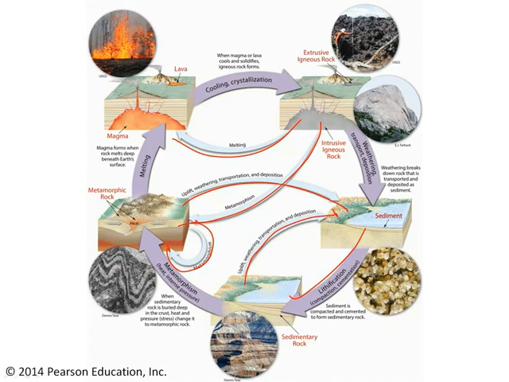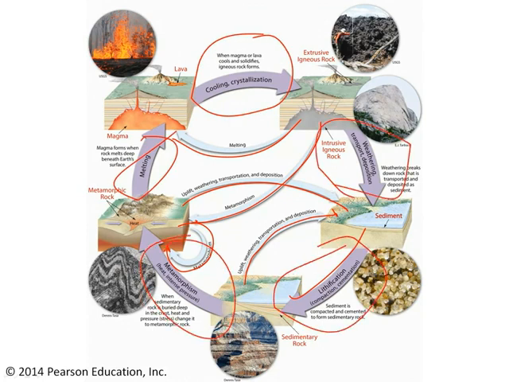So the rock cycle actually is fairly complicated if you consider all the different possible pathways a rock could go down. The key thing to get from this is that these purple arrows represent processes, processes that need to take place in order to transform a rock from one rock type to another.